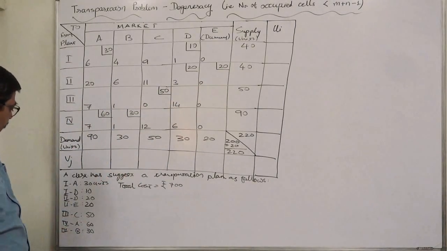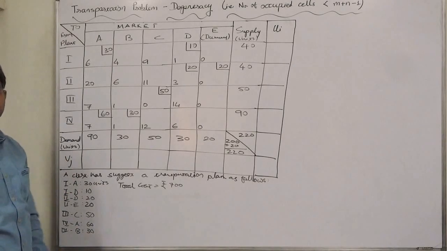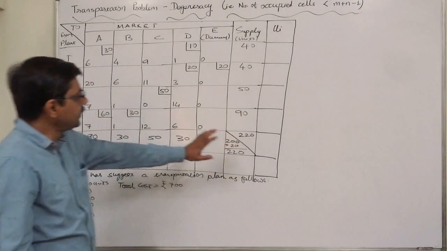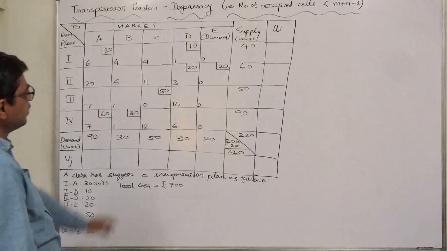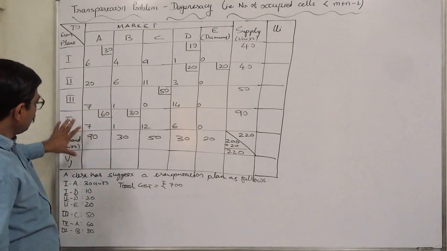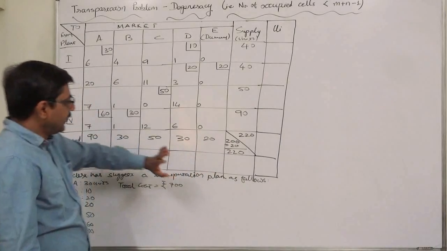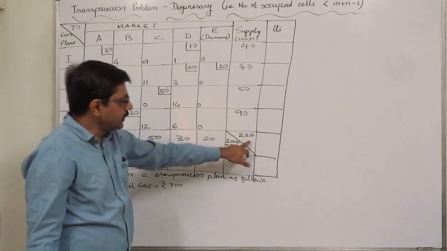In this way, he or she has suggested total 7 different routes to transport 220 units. Now, as we can see that there are 4 markets and 4 plants, but the total demand of all 4 markets is 200 only, and the total supply available from the 4 plants is 220.